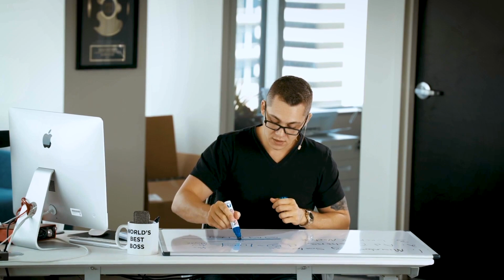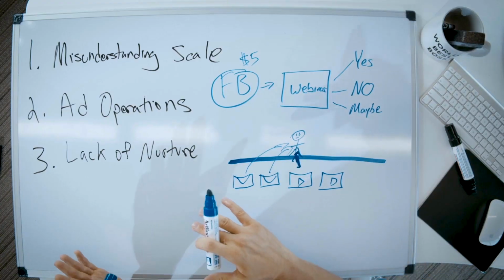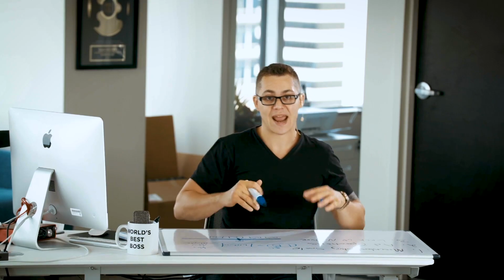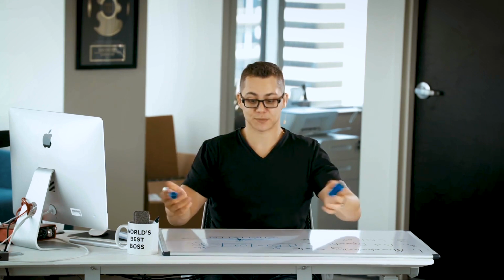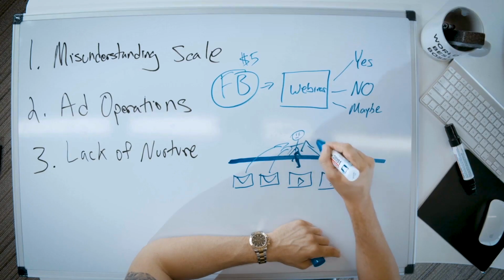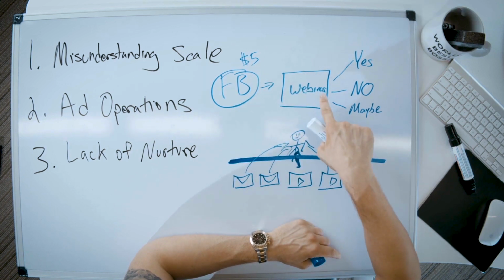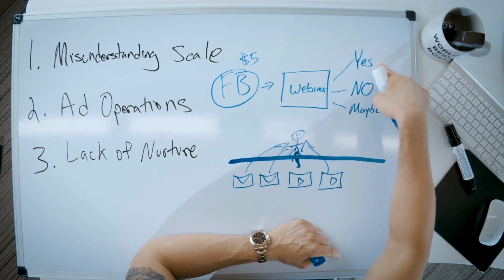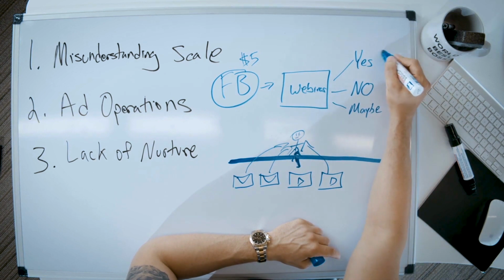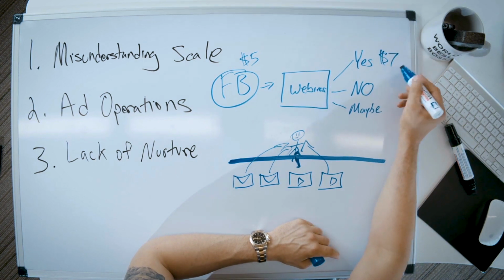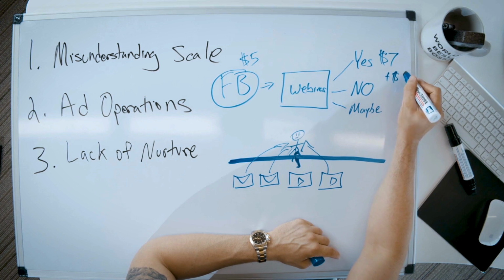And eventually, if we chuck enough stuff at them, they fall over to the yes side, okay? And when they fall over, they now become a customer. So now, if you've spent $5 on a Facebook lead, you've got them to watch your webinar, and people said yes, and let's say that's now worth $7, you've made plus $2.